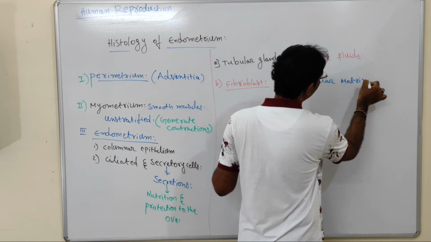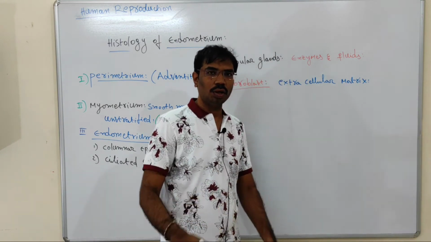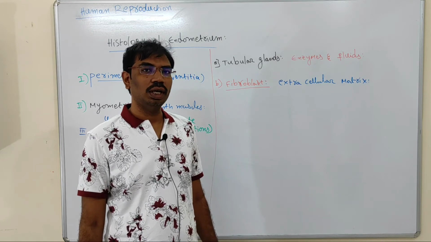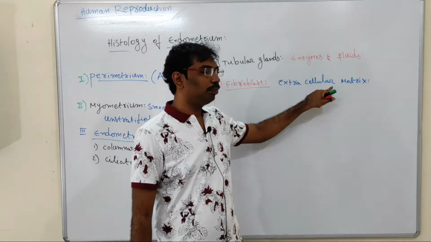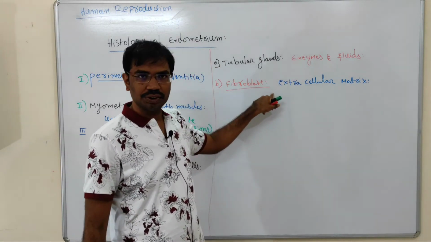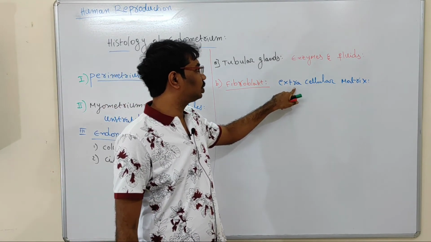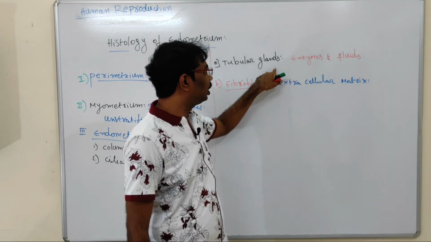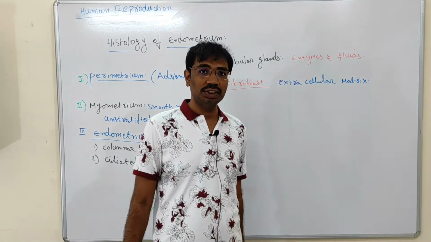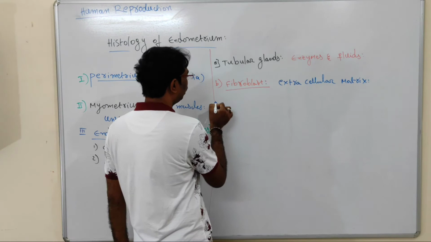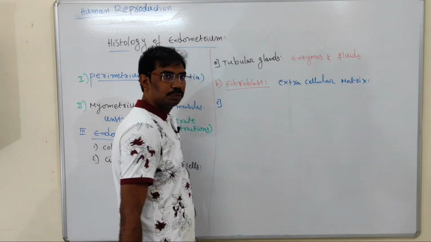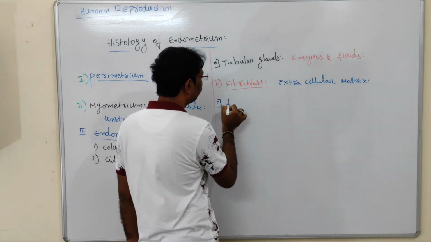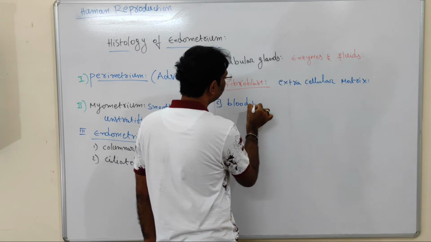Extracellular matrix means the matrix present outside the cell, and that is produced by the fibroblast. So the endometrium contains tubular glands producing enzymes and fluids, fibroblasts, and blood vessels also.